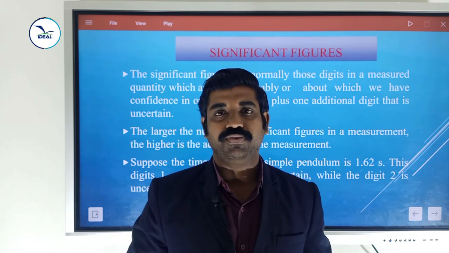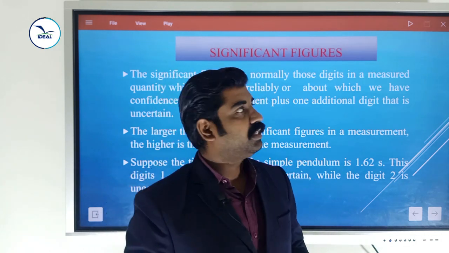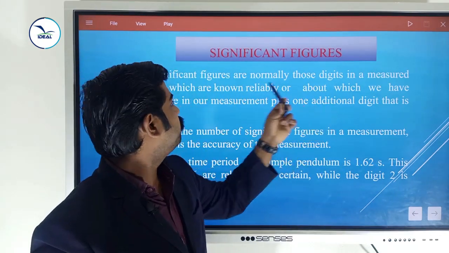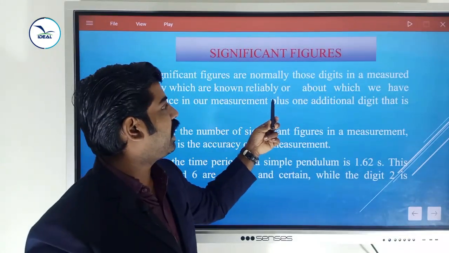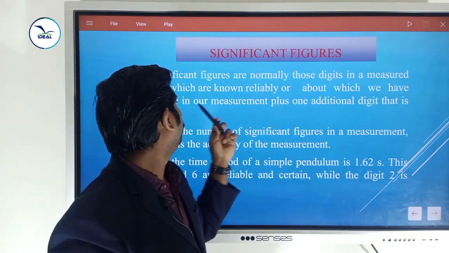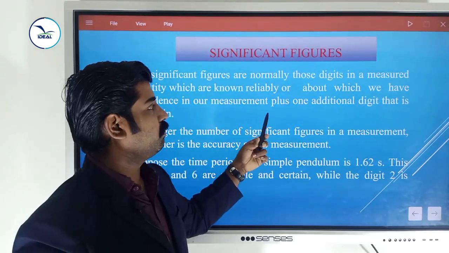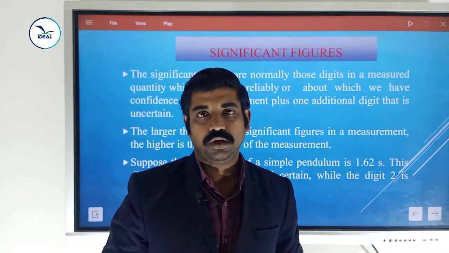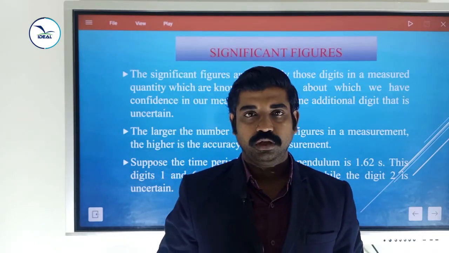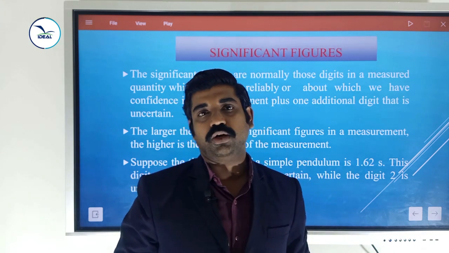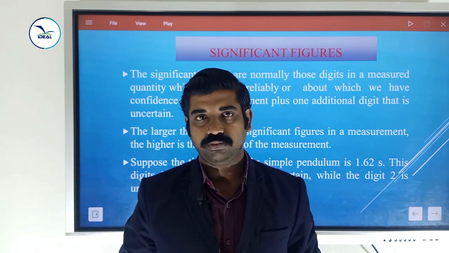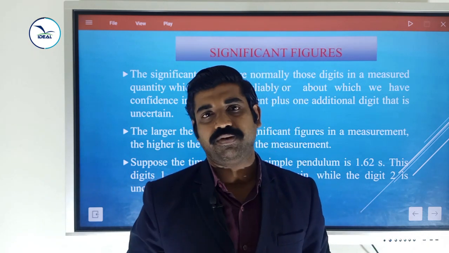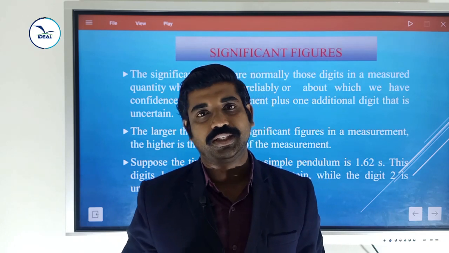Okay, significant figures. By definition, significant figures are normally those digits in a measured quantity which are reliable, or about which we have confidence in our measurement, plus one additional digit that is uncertain. If I measured a value of 26.76, I am sure about the value 26.7, but I am not sure whether the last digit is 6 or 7.